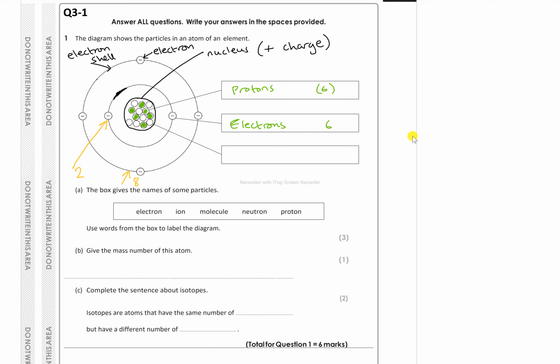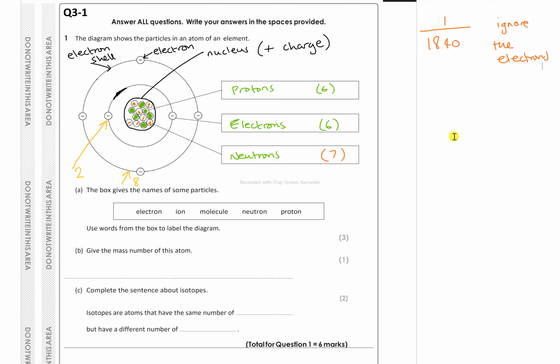Right, give the mass number. The mass number, because the electrons, remember electrons are so small in size, is it 1/1800? I remember it as 1 over 2000, but they said it was 1840. Because it's 1 over 1840, we ignore the electrons.